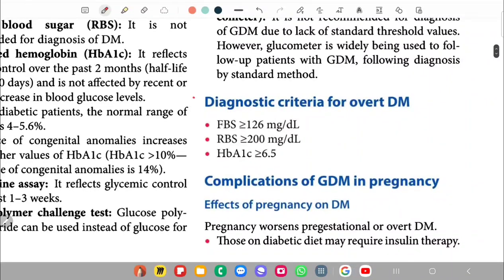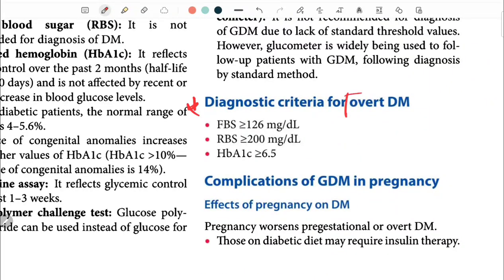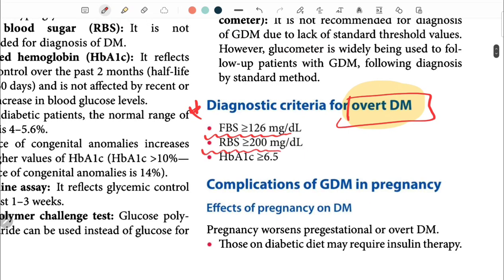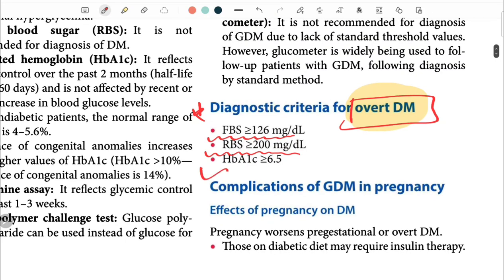So what is the diagnostic criteria for overt DM? Fasting blood sugar level more than or equal to 126 mg per dl, random blood sugar level more than or equal to 200 mg per dl, and HbA1c more than or equal to 6.5.